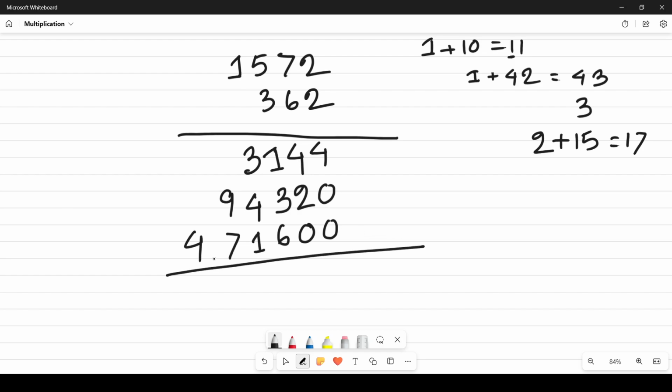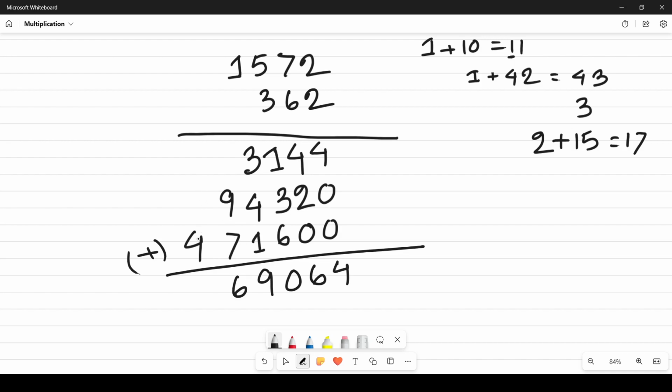And now if we add everything up, what do we get here? Look, 4, 4, 4 plus 2, 6, 1 plus 3, 4, 4 plus 6, 10. We are left with 1 in our hand. 3 plus 1 is 4, 4 plus 4 is 8, 8 plus 1 is 9, 9 plus 7 is 16.